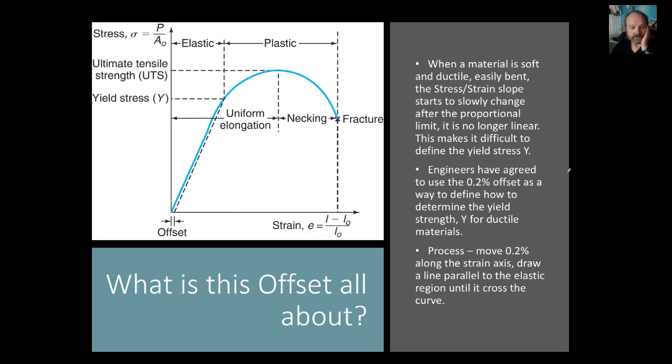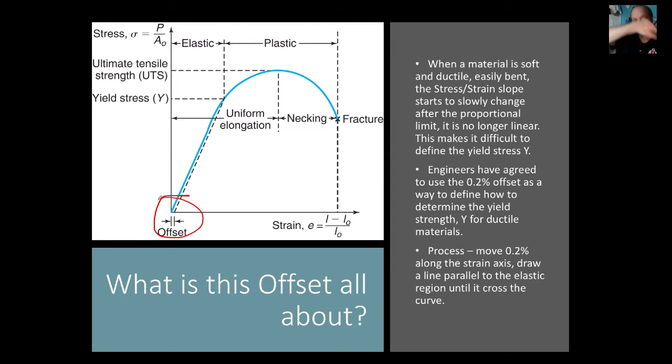All right. So we keep showing this offset in these graphics. So what is the offset all about? Well, when a material is soft and ductile, and you'll read this in the book, and it's easily bent like a spoon, right? You come into the region of plastic deformation pretty quickly on the curve. Okay?